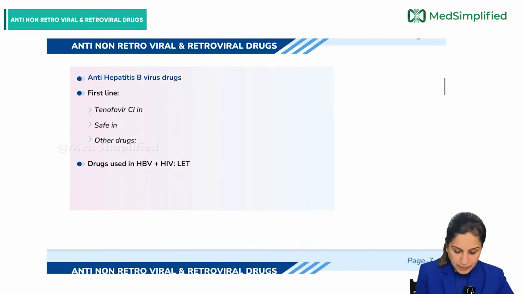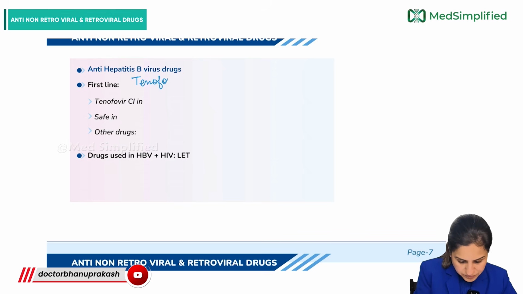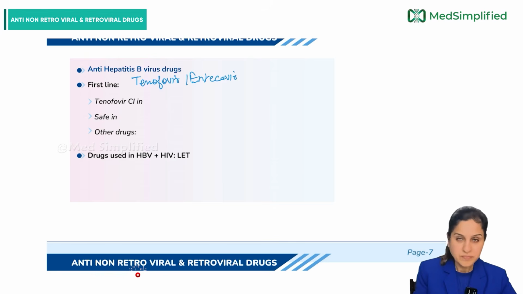Now, anti-hepatitis B virus, the first line drugs we have are tenofovir and entecavir. These are the 2 first line drugs.